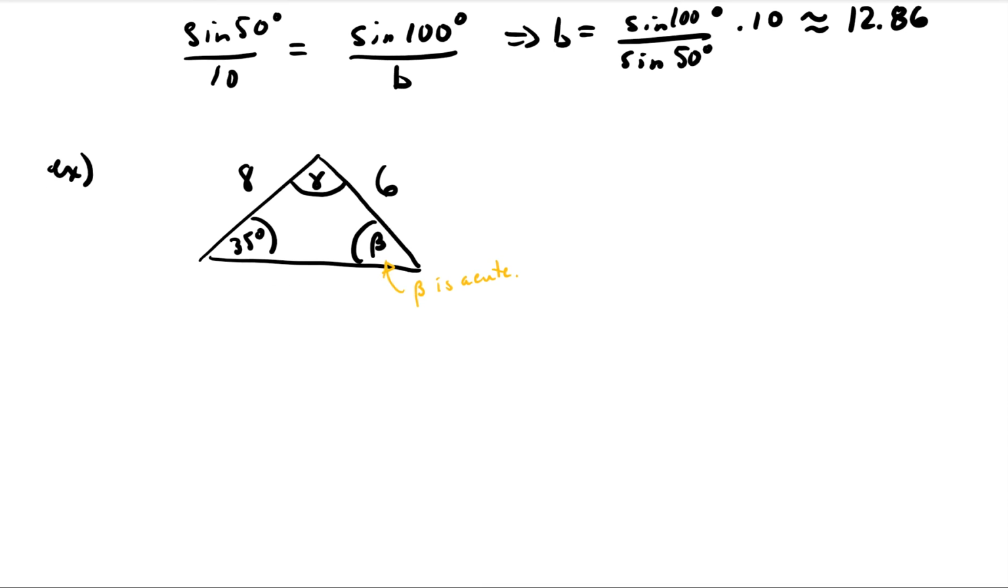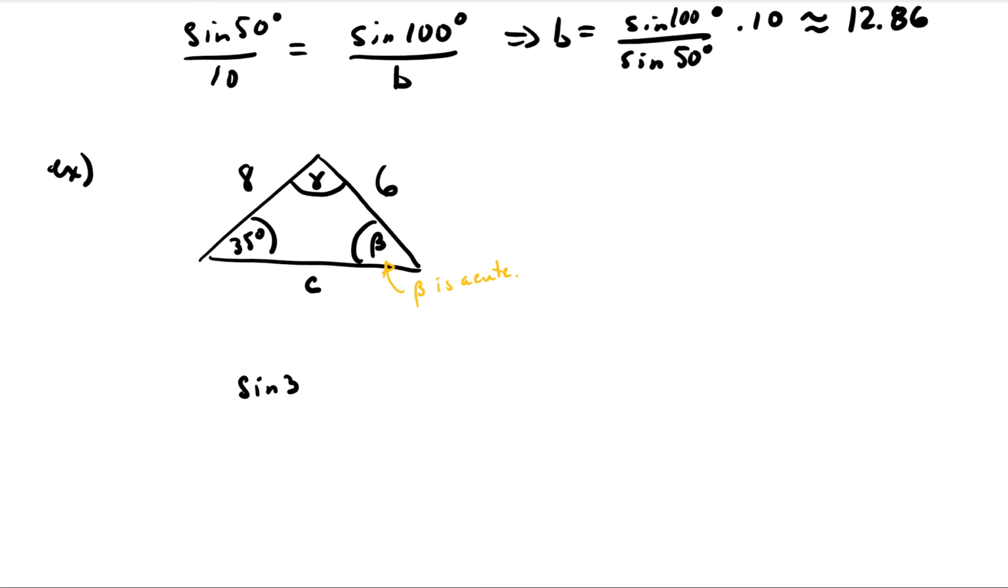Let's say we call the missing side C, because it's opposite to gamma. So we can use the law of sines. You see I've got 35 and its opposite side.